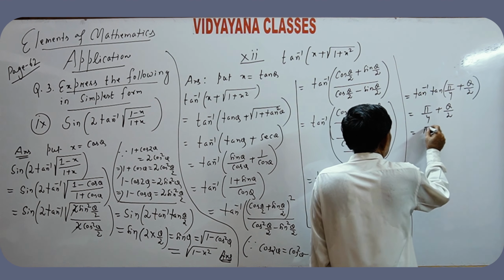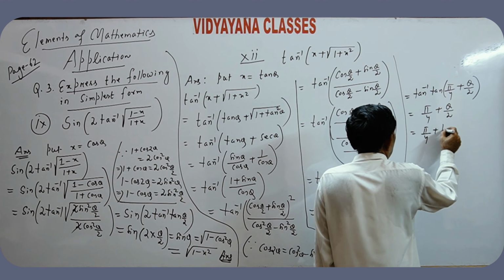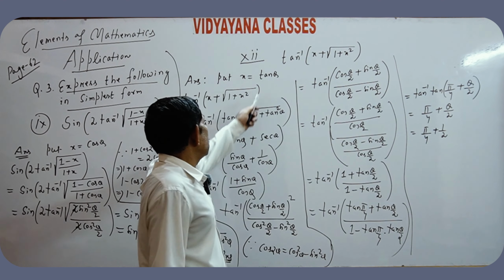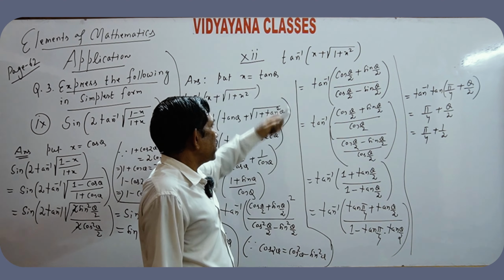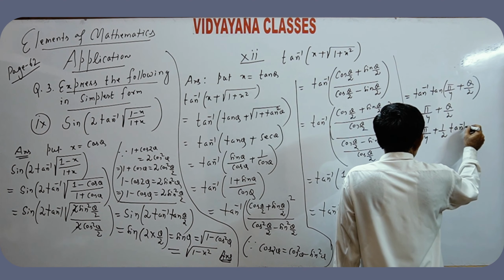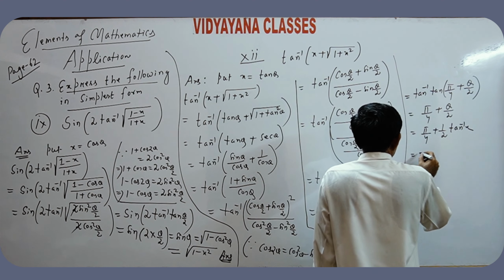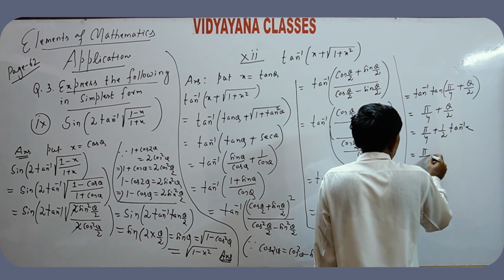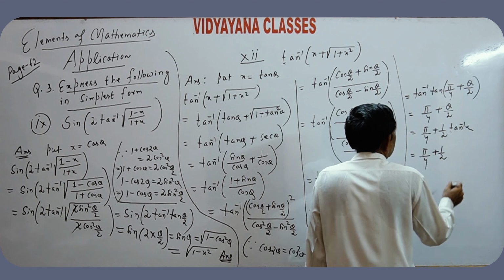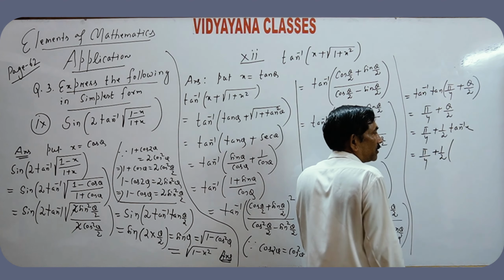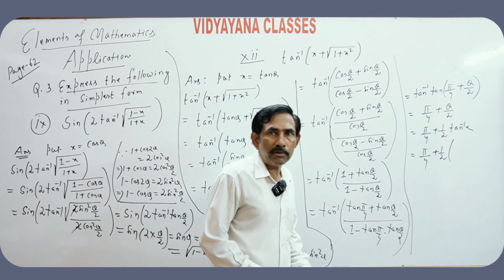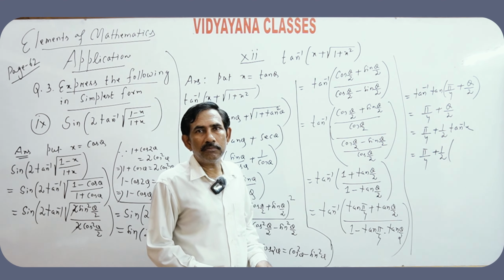Pi by 4 plus half of theta. Tan theta is equal to x, theta is equal to tan inverse x, which is same as pi by 4 plus half of tan inverse x. Tan inverse x plus cot inverse x is equal to pi by 2.